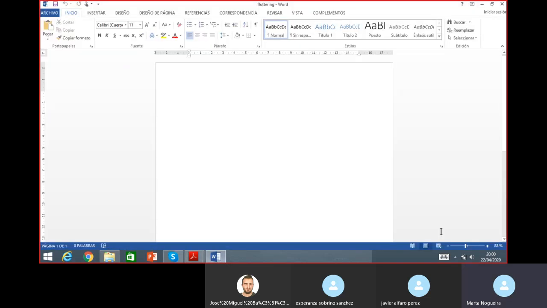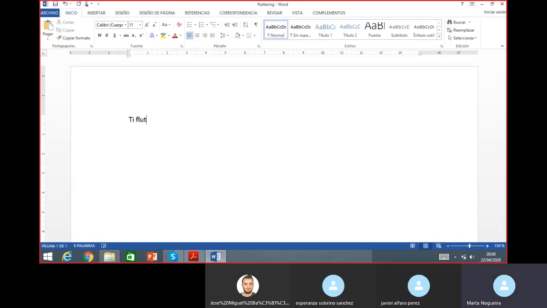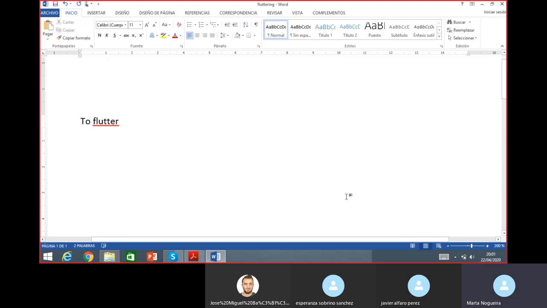So to flutter means aletear. Then in the first paragraph, I suppose you don't understand the word slumber. To slumber means to sleep.